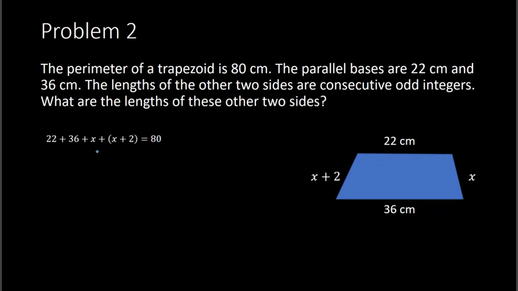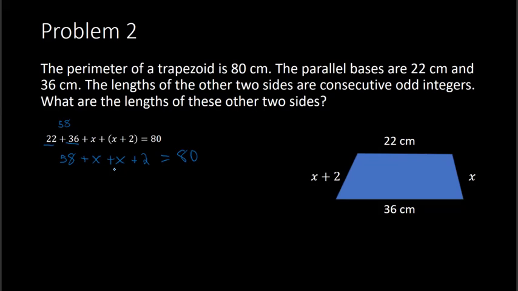So from here, we now need to solve the equation. So to do that, we must simplify first. So 22 plus 36, that would give me 58. All right, so we have 58 there, and then plus x, and then plus x plus 2. This is really the same thing as adding x and adding 2, and we can get rid of the parentheses.